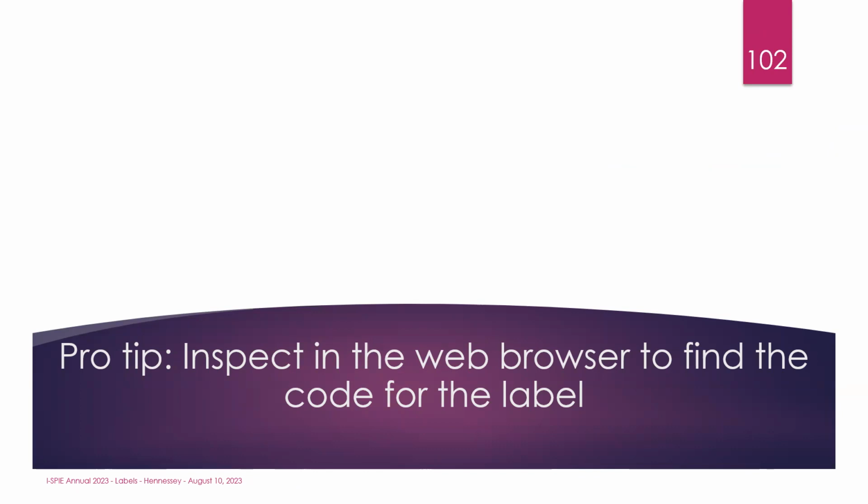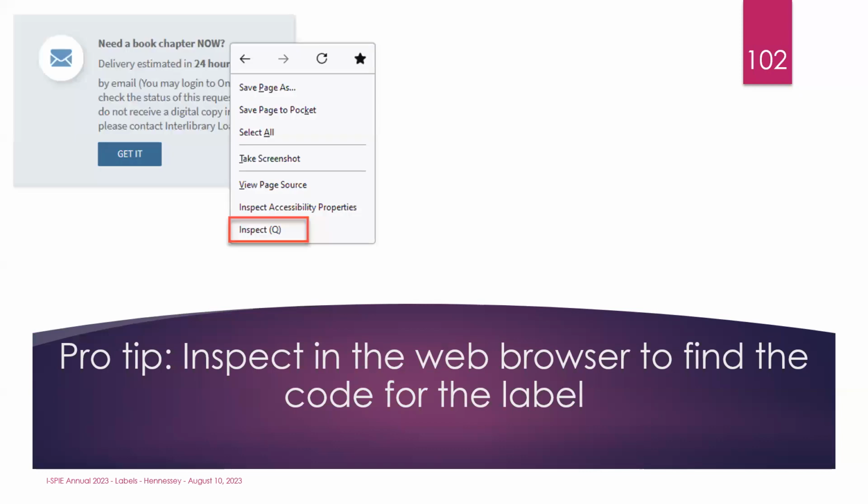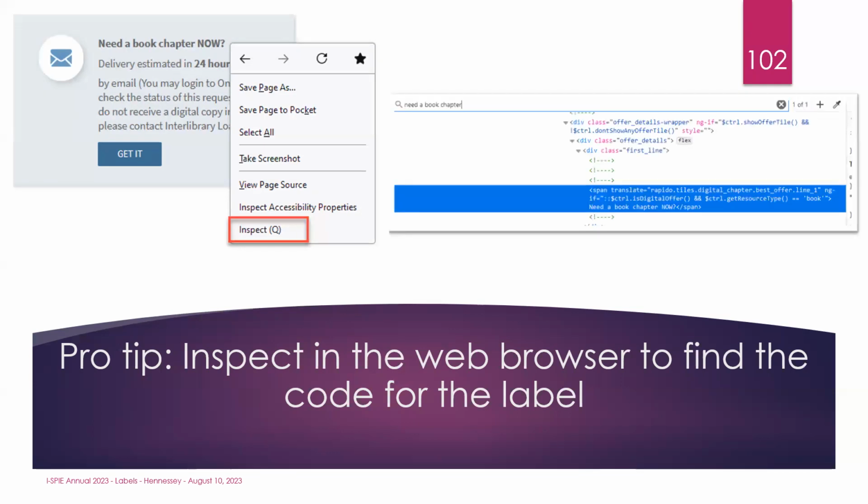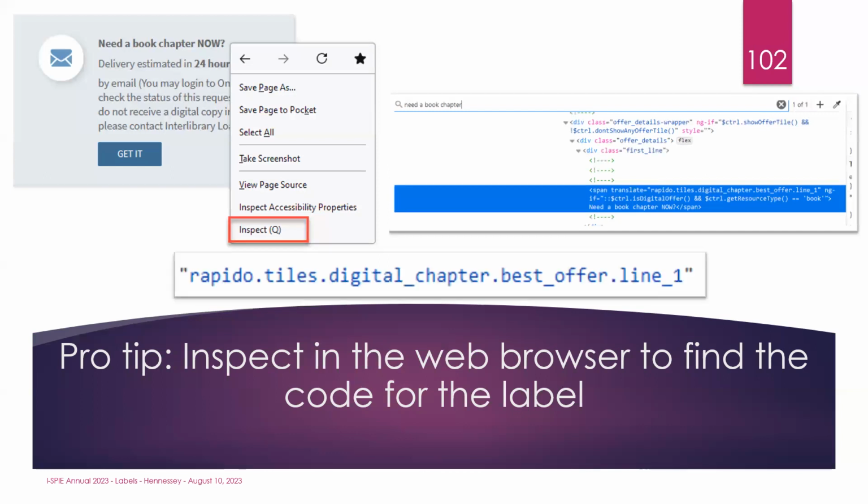So Priscilla had asked earlier, well, where are these things? Here's my pro tip on this. Inspect in the web browser if you're trying to find the code for the label. In most web browsers there's an inspect option. In Firefox, if you do something called inspect, I'm not sure what it is on other browsers, you'll see this on the slides, it's a tiny little thing that has some code in it that looks like this, which is what we saw on the table earlier.